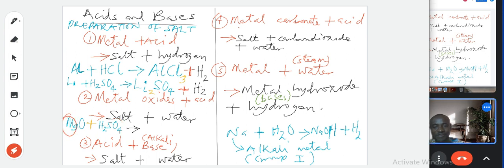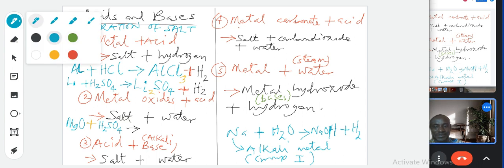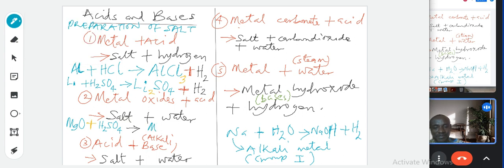No, remember to get the salt, you want to form the salt. The Mg combines with SO4. So it'd be Mg2, oh, that would just be MgSO4 because the 2 cancels out 2. You would have written Mg2 SO4 2 in brackets, but there wouldn't be any need because the 2 cancels out 2, isn't it?